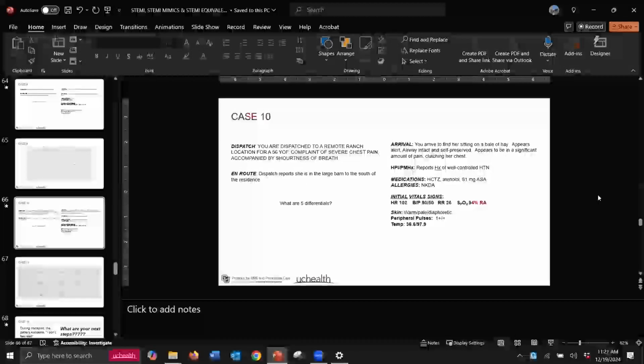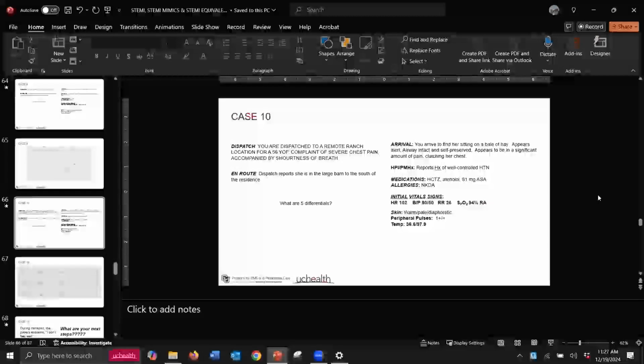Dispatched to a remote ranch location for a 56-year-old complaint of severe chest pain accompanied by shortness of breath. Dispatch reports she is in a large barn to the south of the residence. Was she kicked? Do we have an allergy? Five differentials, all of it. You find her sitting on a bale of hay.